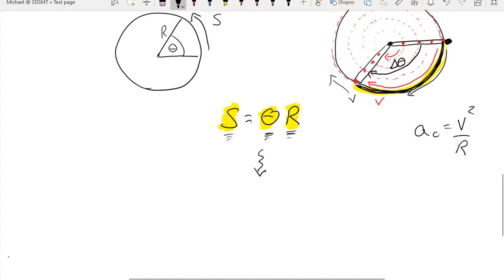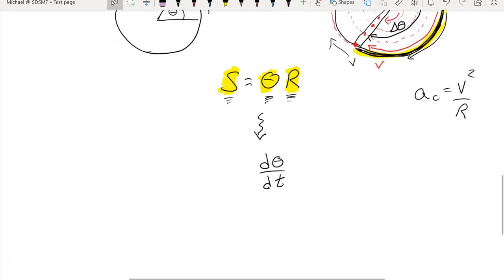Now we already know that if we take the derivative of angular position with respect to time, we will get angular velocity. Let's go ahead and keep the radius constant.